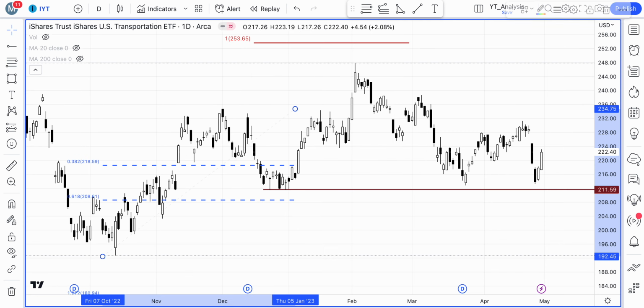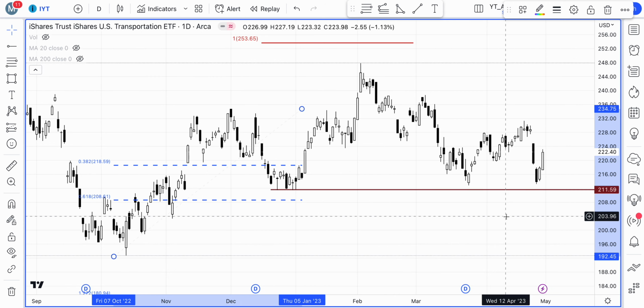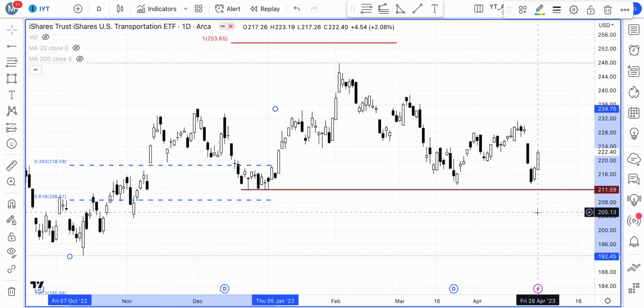Here we go. So yeah, it's just between the 50% and 61.8% retracement. This is where it went, found support. So I just wanted to bring this to your attention.